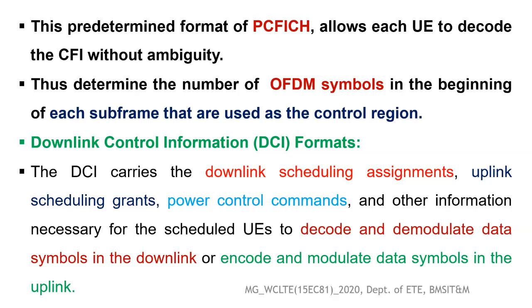So this is what the DCI carries: information about downlink scheduling assignment, uplink scheduling grants, power control commands, and other necessary information for the scheduled user equipments to decode and demodulate the data symbols in the downlink or encode and modulate data symbols in the uplink.